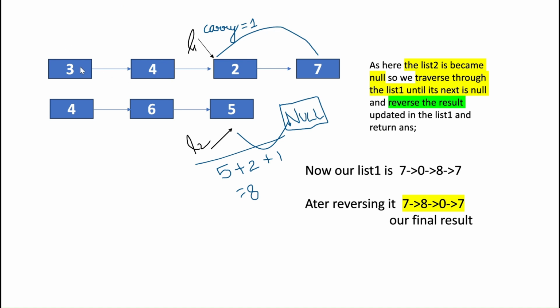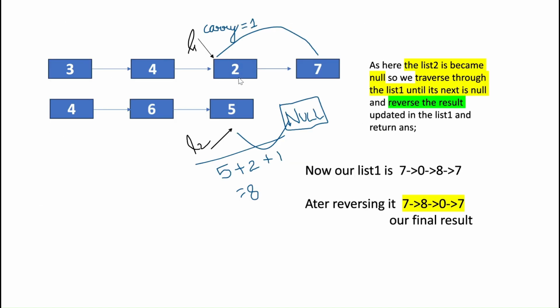We are updating our result in L1, right? So what we want to do is create another node and point L1 dot next to that node. Let's assume that here we have created this node.